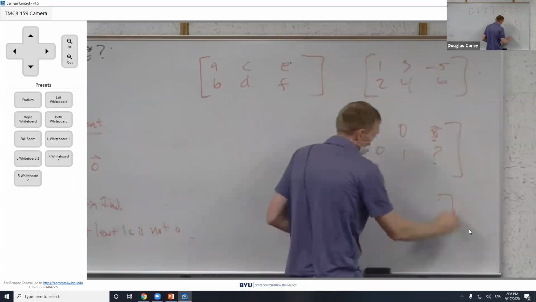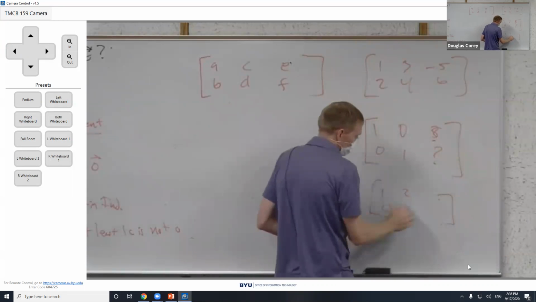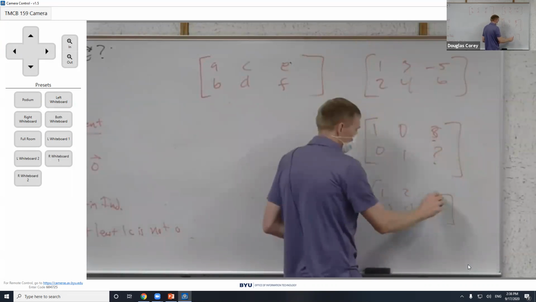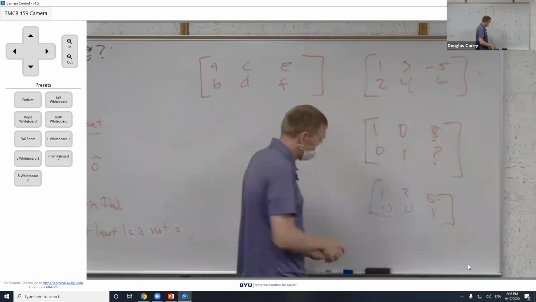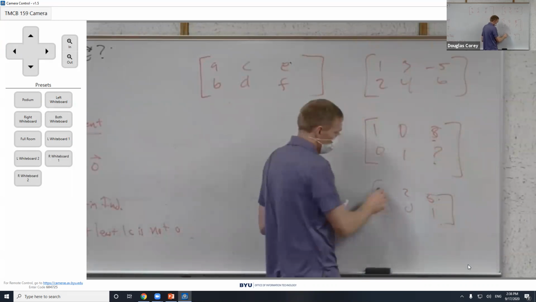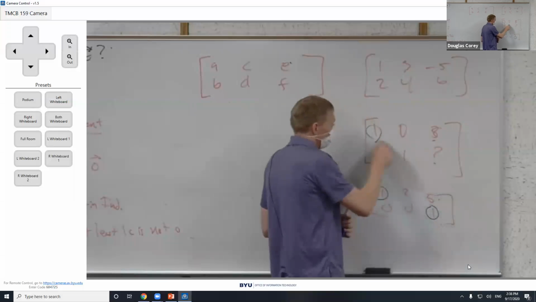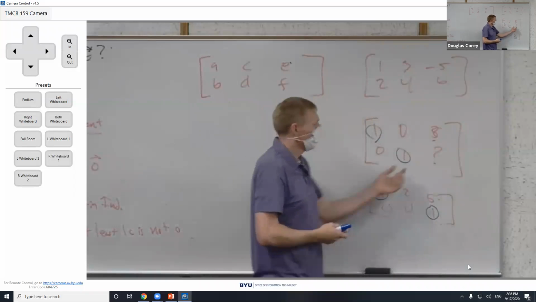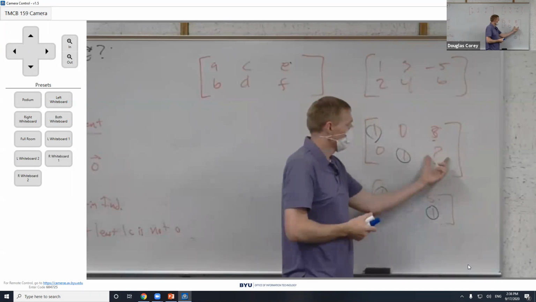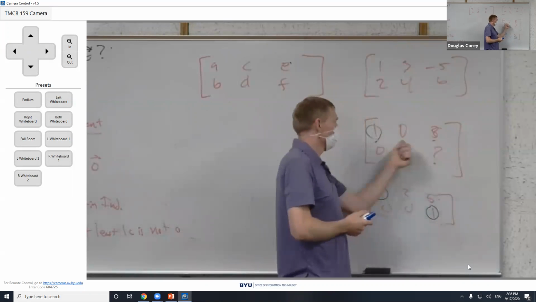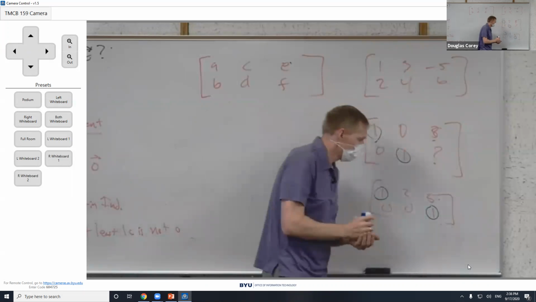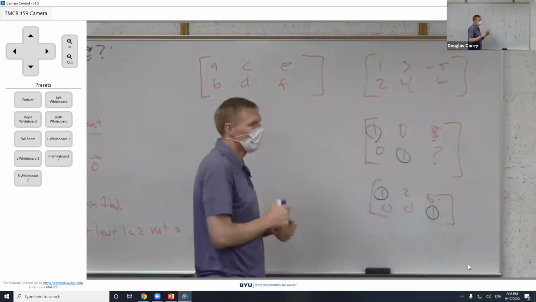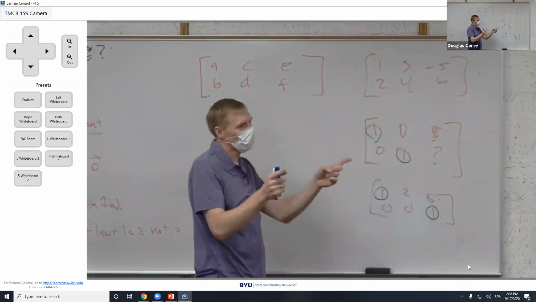I might end up with something like this. I could have pivot columns up to 2. And that means I've got a free variable, and a free variable means I can get that variable with a combination of these other 2. You may not have known that right now, so I'm telling you, okay?